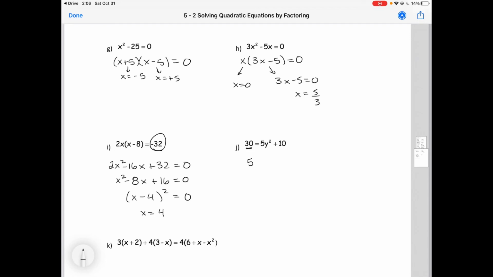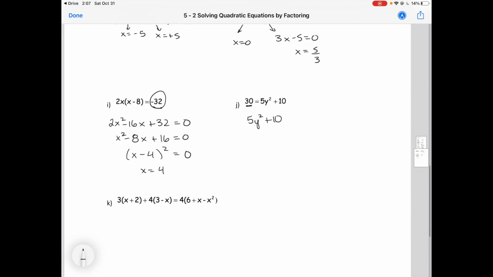Okay, here we've got another example where it's not equal to 0. And we only have a y squared term, so I'll actually show you a different way to solve it. There are two ways. Instead of moving the 30 over to the left-hand side, I'm going to move the 10 over to be on the same side as the 30.